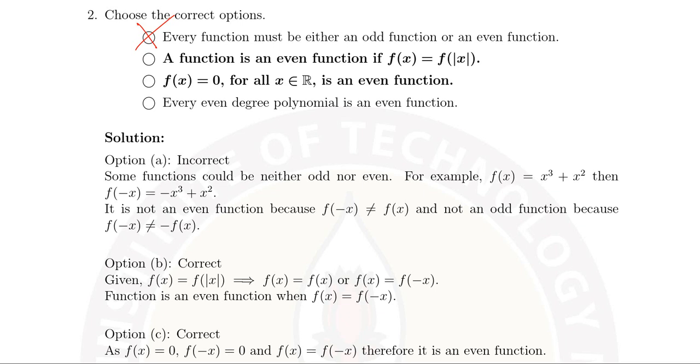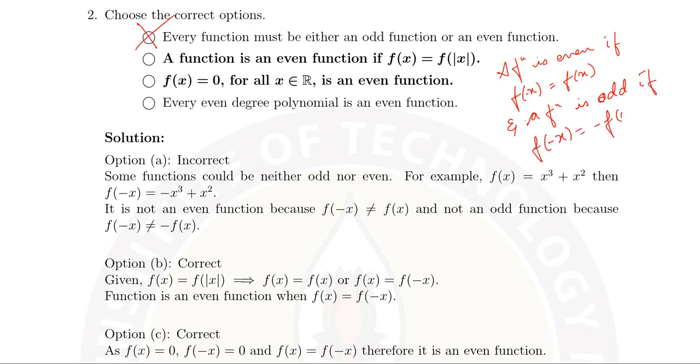We know that a function is even if f of minus x is equal to f of x, and a function is odd if f of minus x is equal to minus f of x, right?